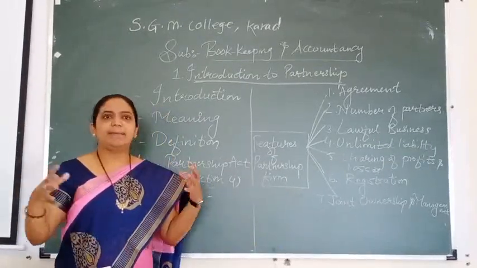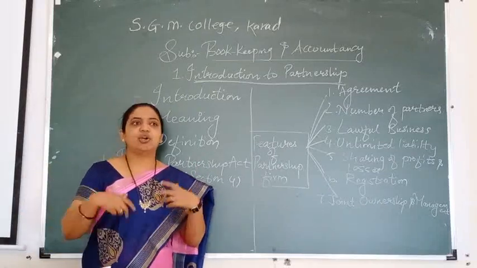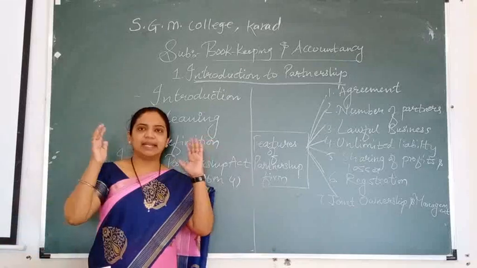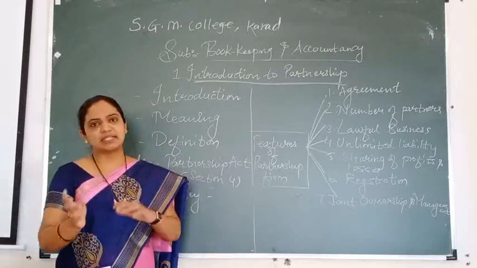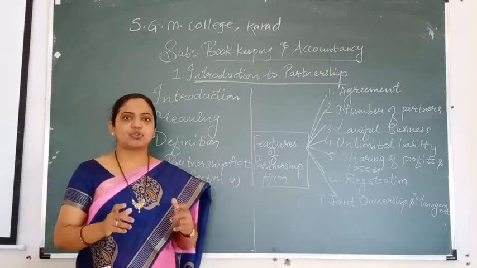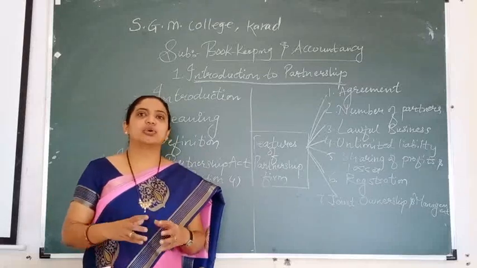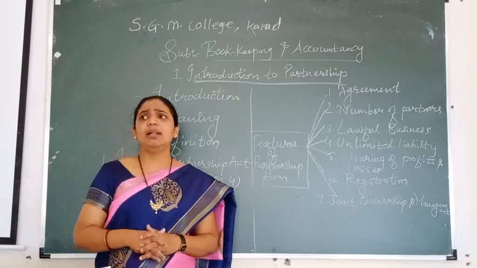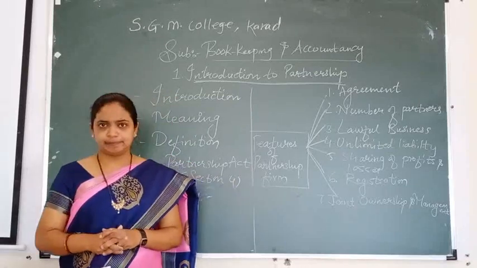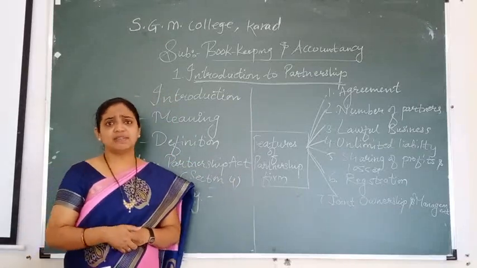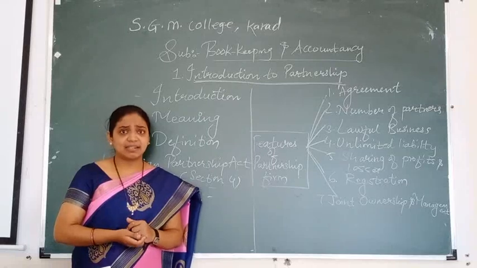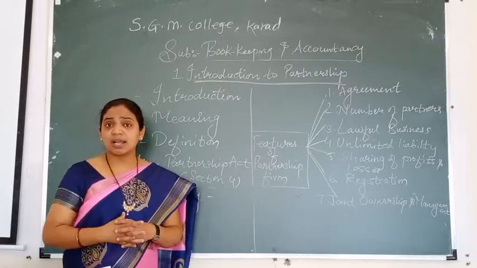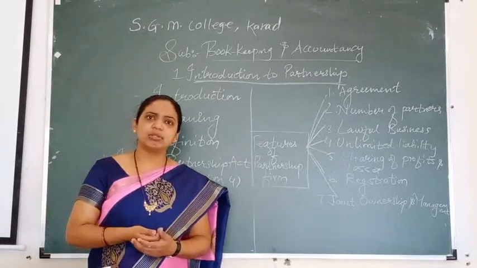When partners come together, contribute capital, have an agreement, and decide the ratio of sharing profits and losses, the ownership also comes jointly. Each partner has equal rights. We know very well about the types of partners, because you have already seen this in OCM in 11th standard.